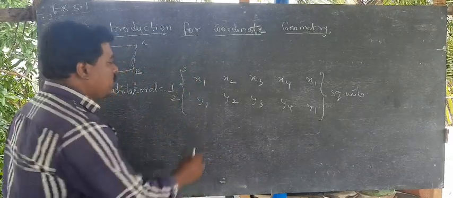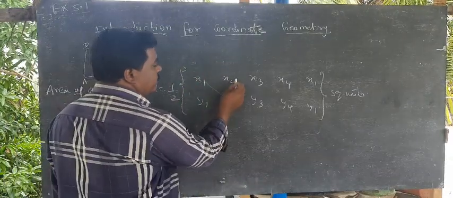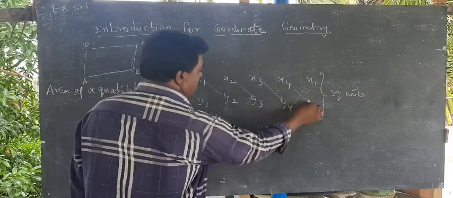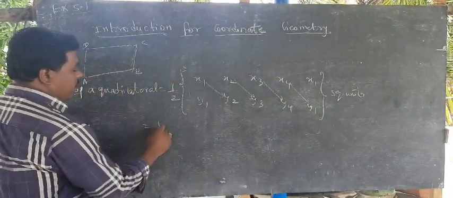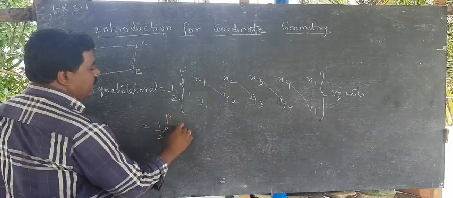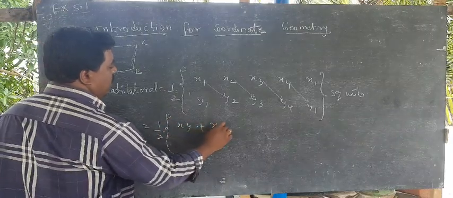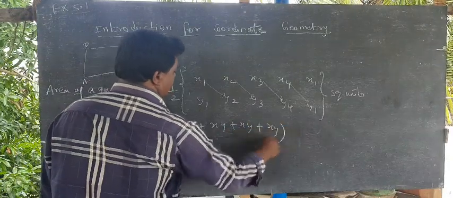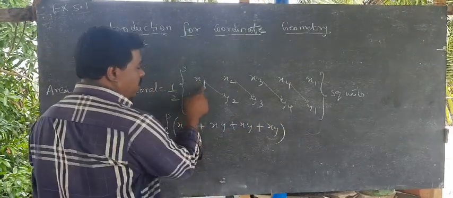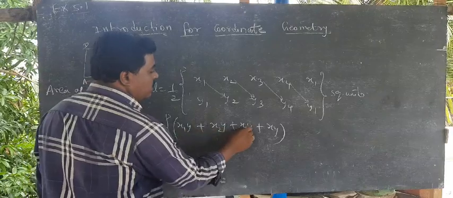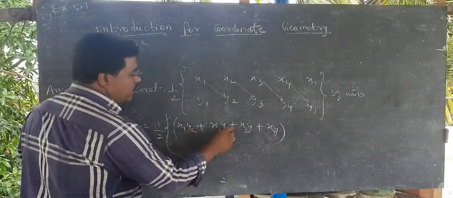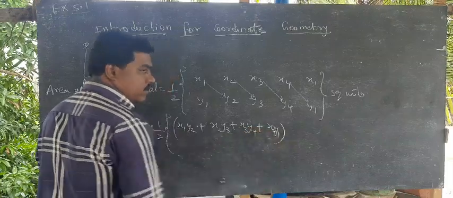Right? So the same thing: x1 into y2, x2 into y3, x3 into y4, x4 into y1. Same thing. You write xy, xy, xy, xy: 1, 2, 3, 4. Here 1 means 2, 3, 4, 1.